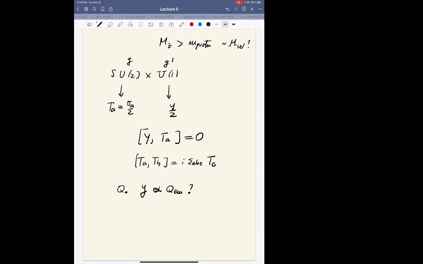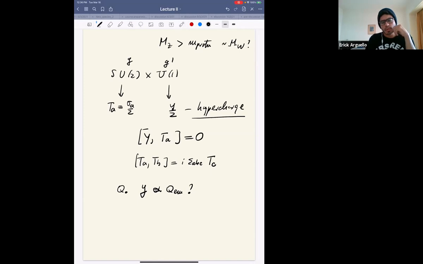See, I have no idea what hypercharge is. I call it hypercharge, okay? Just to give it a name. But I'm asking you, can this be electromagnetic charge, really? Before even working out details? No, because... Yes, please, yeah.